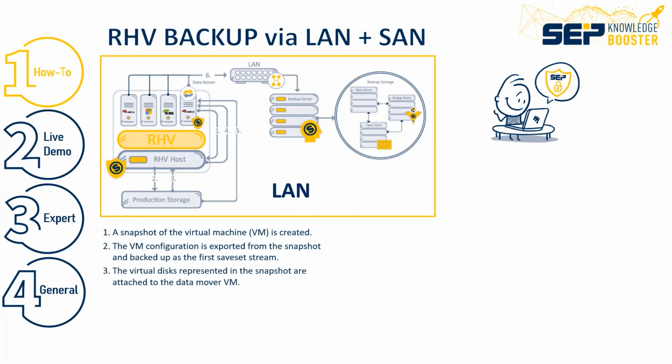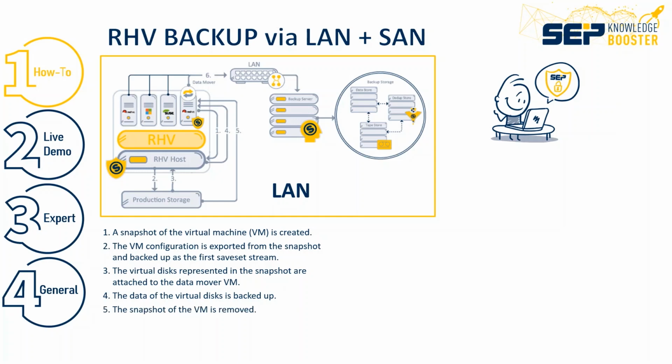Well, and then the virtual disk is attached to a specific data mover, which is a dedicated virtual machine where our client is installed, and via this client you can extract all the data from the attached virtual disks. Then we move the data from this data mover, from this virtual machine, to the backup target, which could be disk storage or tape storage or wherever you would like to put your backup data.